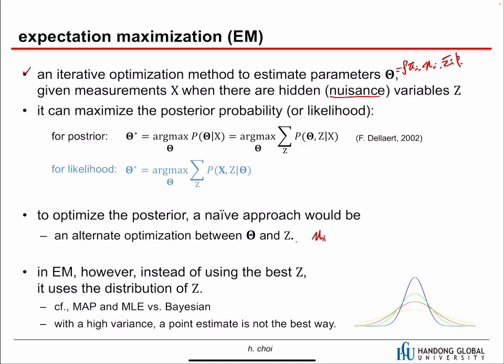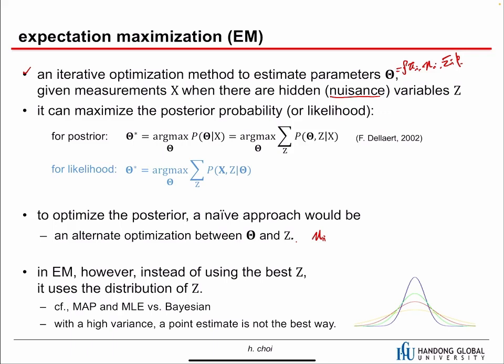And in the EM algorithm, however, instead of using the best z, it uses the distribution of z. This is quite an important concept. We can find the best z and update the parameters based on it, but this is not perfect. Instead, we can use the distribution of z.